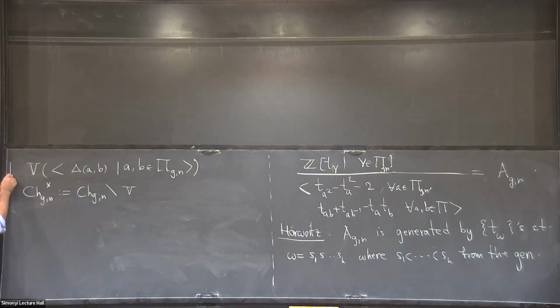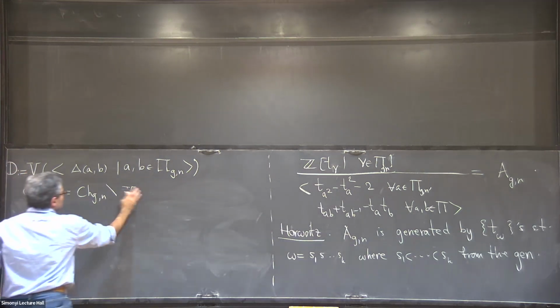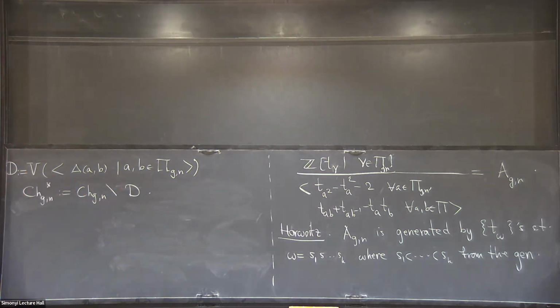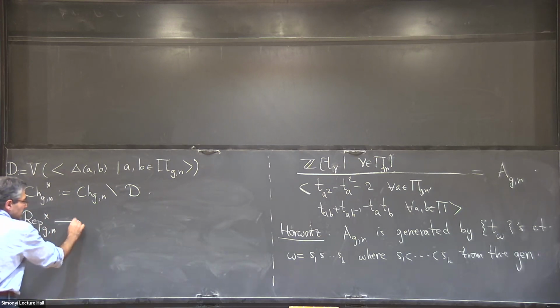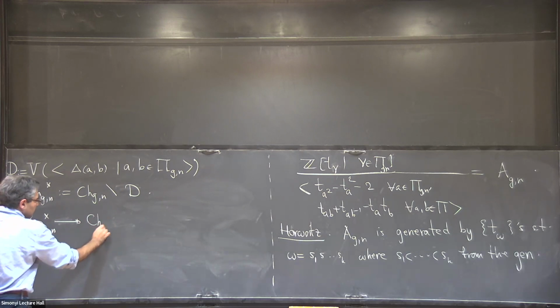So let's call this guy the divisor, so minus d. And I look at the lift of that through the pi that I had, and I'm going to call that one Rep Gn prime. So in particular, we end up getting the morphism from this Zariski open subset of the representation variety to this.